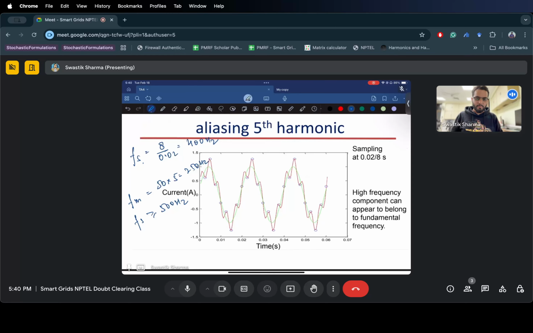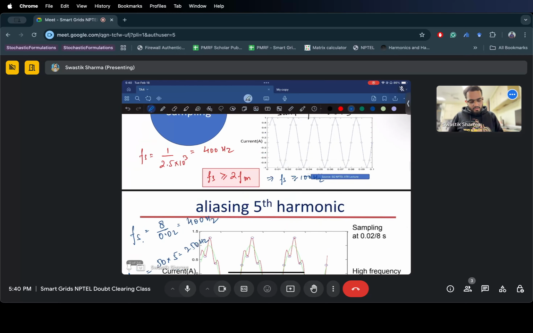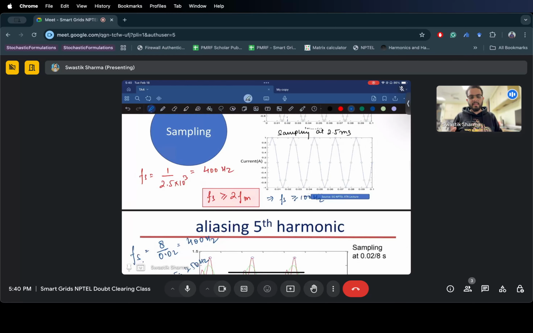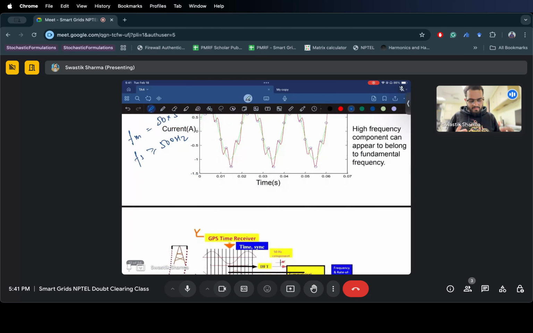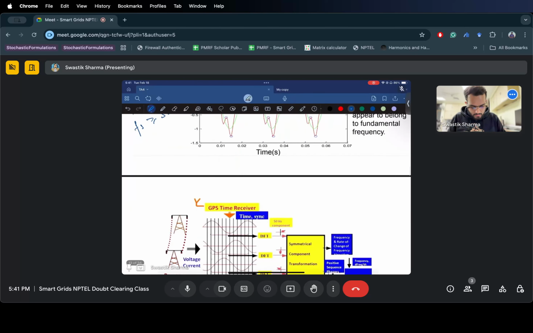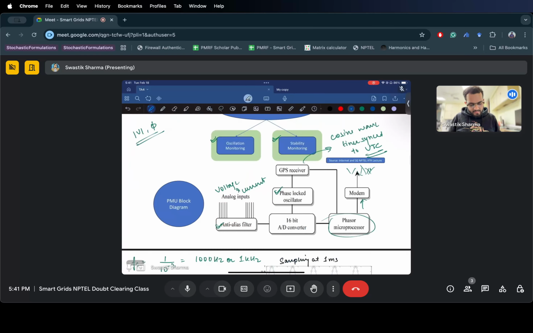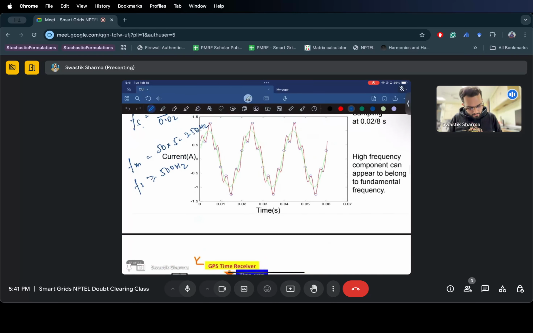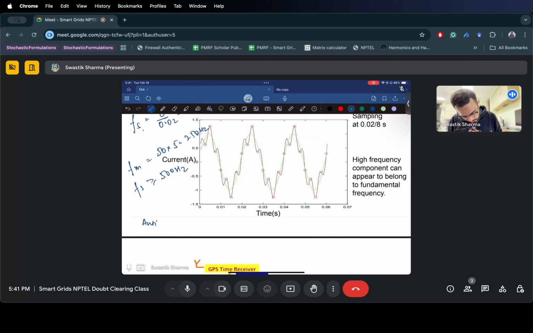It seems to be a fundamental frequency component, and that is why your sampling frequency should always be greater than or equal to twice your maximum frequency coming from your signal, right? And that is why you use an anti-aliasing filter, and these filters are nothing but your low pass filter.